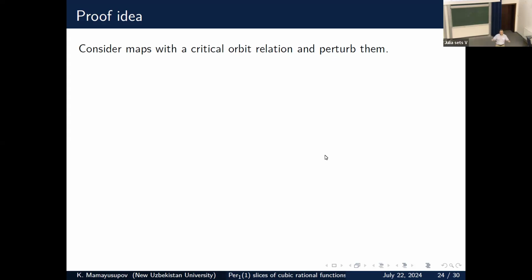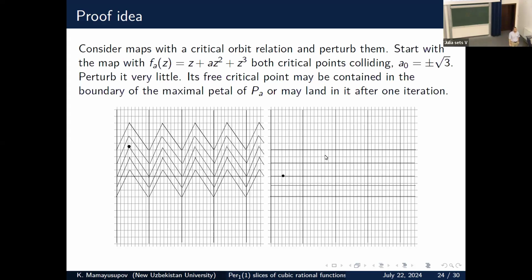So you have two critical points colliding, yeah? And you take that one, and then you perturb it a little bit. And what happens is that now you have two critical points, and they are so close to each other that if you iterate one of them once, you are inside of your petal.